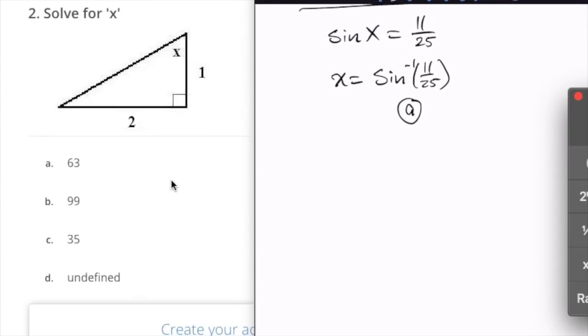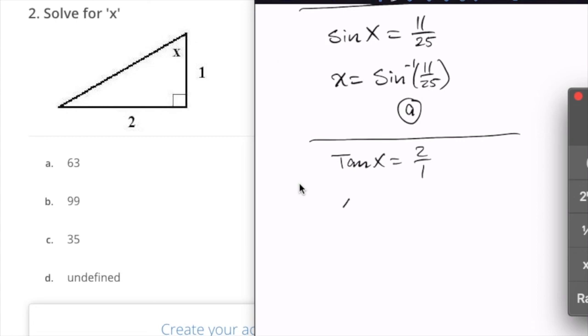Let's keep going. Here we're looking at solve for x. If x is this angle right here, and this length is 2, and this length is 1, and both of these are legs, then the opposite leg is 2, and the adjacent leg is 1. So we're really talking about tangent. The tangent of x is equal to 2 over 1, which is just 2.